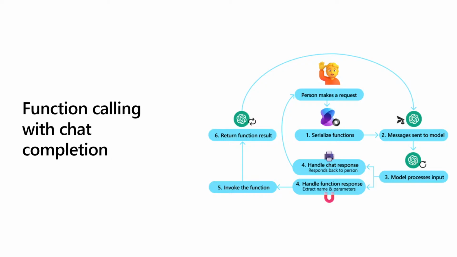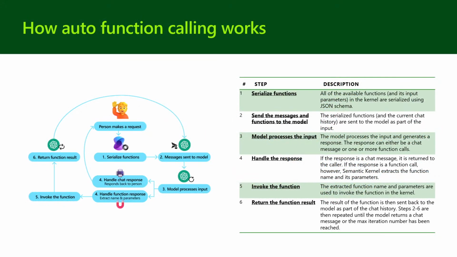But we need to understand what's going on in the background. So we will get into the details of how function calling works in the background. This is what's happening when we do a function call with the Semantic Kernel.